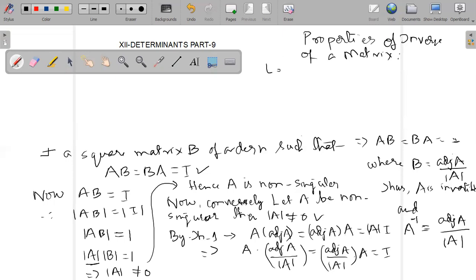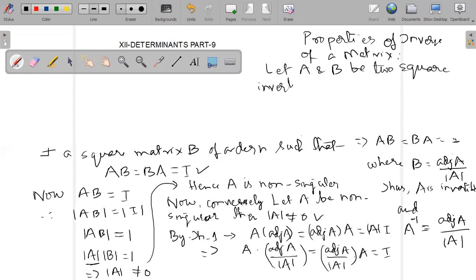Let A and B be two square invertible matrices of same order.